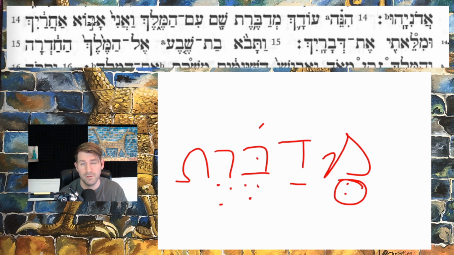So from bo, this is a Qal imperfect. Avo, tavo, tavoi, yavo, tavo. Acharaich. So this is this aich ending. So it's acharei plus the second feminine singular object suffix. So after you. I will come after you. While you're still speaking, I will come after you. Like I, myself, the prophet, I'm going to come.